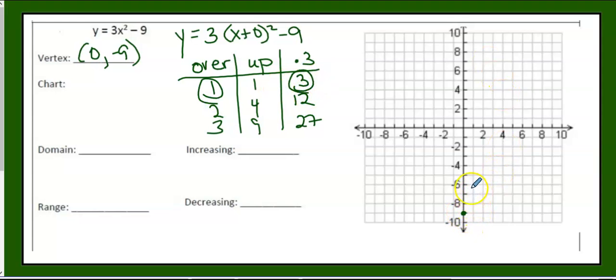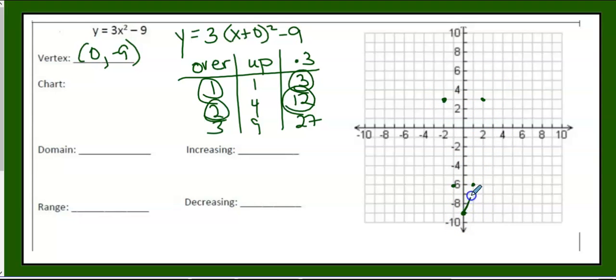Over 1, up 1, 2, 3. This one's really skinny. And then I'm going to go over 2, up 12, that's 9, 10, 11, 12, I think. And then this is just reflected over here. You don't even have to count.